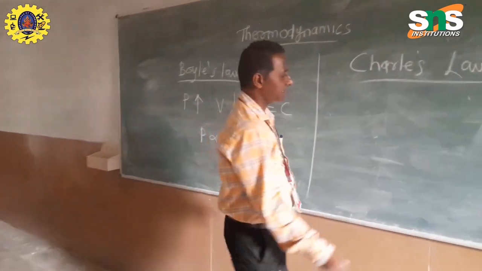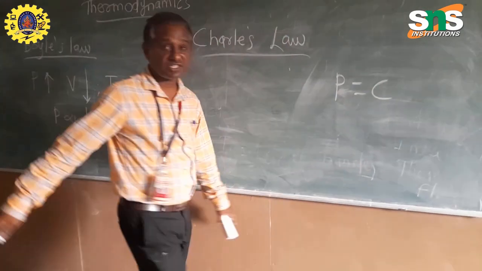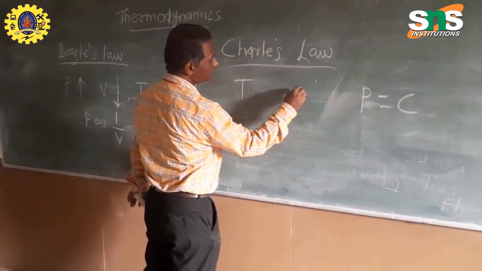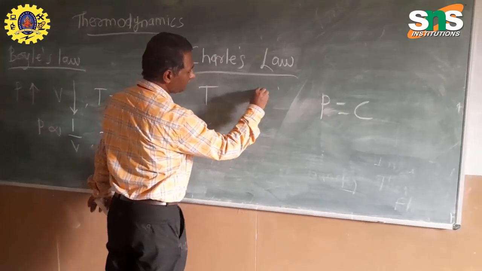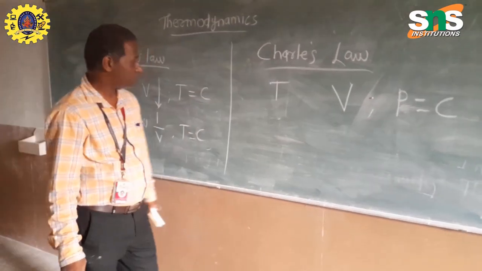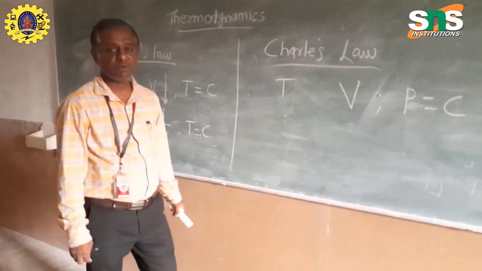Here, for another parameter, let's take pressure. If pressure is maintained constant, we have the other two properties, temperature and volume. If temperature increases, what happens to the volume?